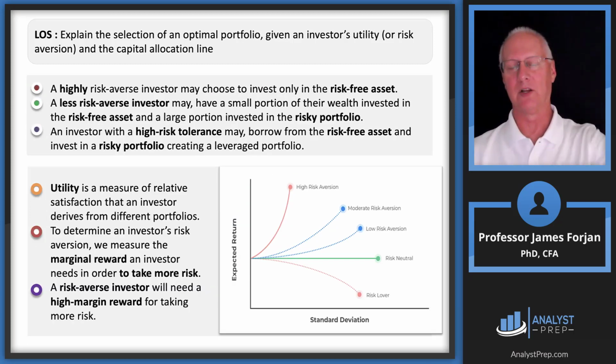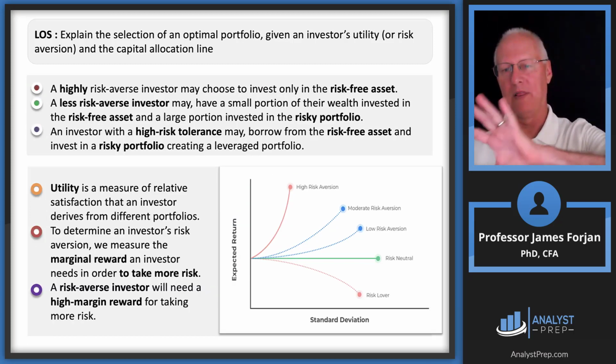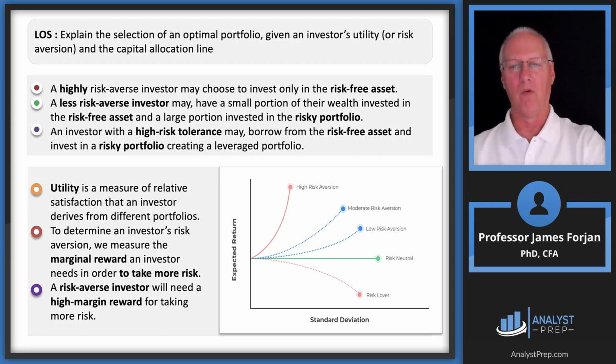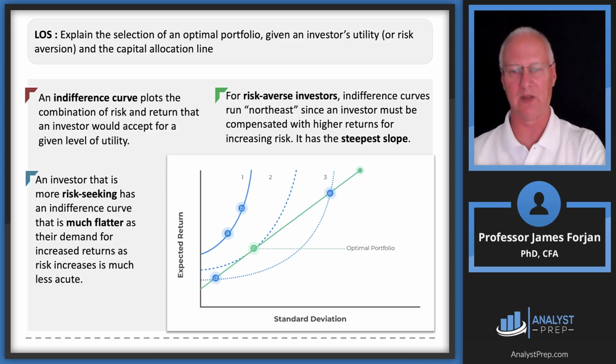So whether we're red or blue or green or pink, wherever we are in this standard deviation and expected return space, we can convert those utilities into an indifference curve.